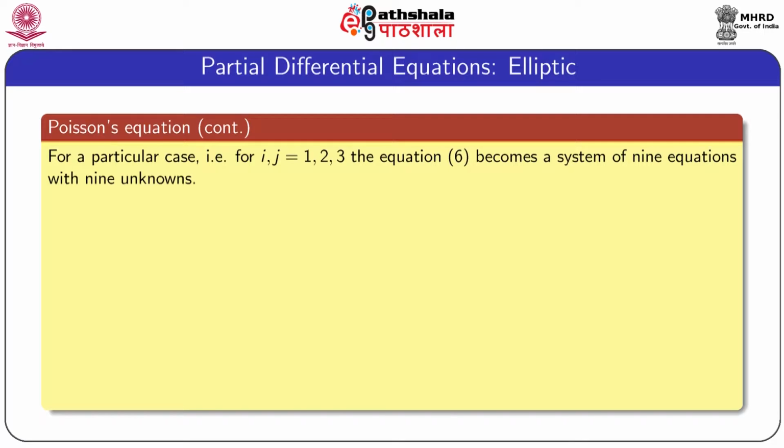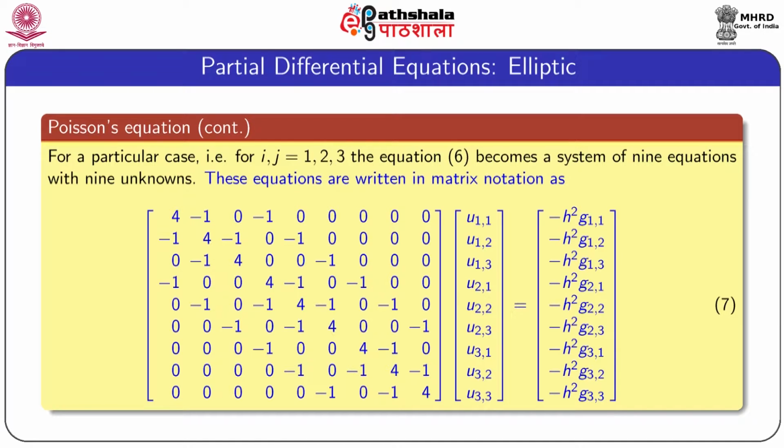Now, for a particular case, that means when i and j are taken as 1, 2, 3, then equation 6 becomes a system of 9 equations containing 9 unknowns. So, this is the particular case for the Poisson equation or Poisson approximation. Note that the coefficient matrix is constant.